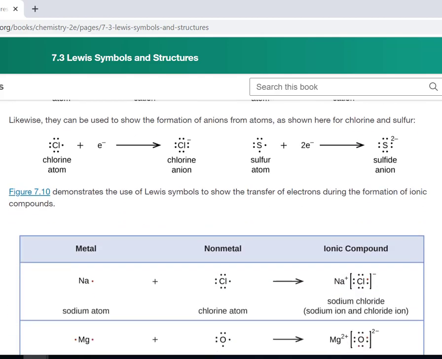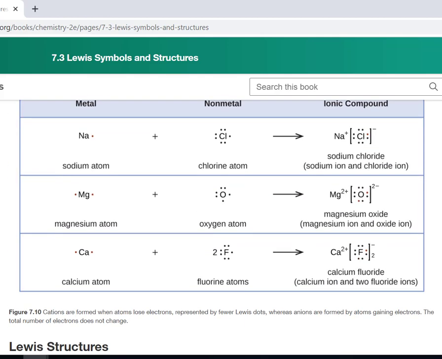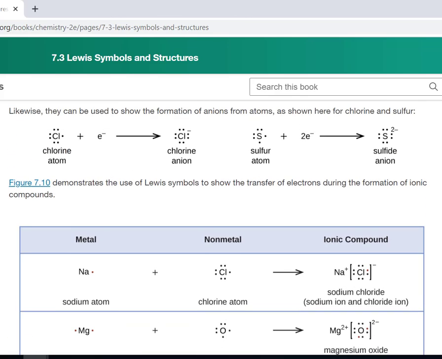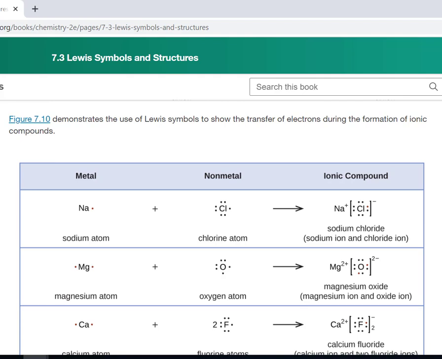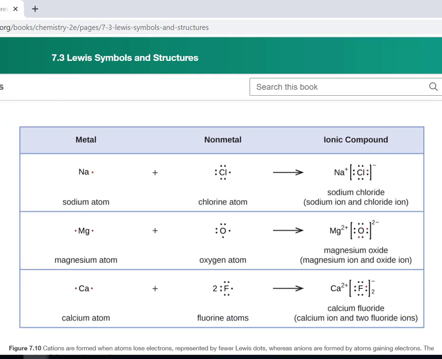So here we are showing some of those examples. What we're doing here is showing the reaction of metals with nonmetals to form ionic compounds, and you could see how you would need to move those electrons around to get what you end up with. So this is another way of showing something similar to what we have already discussed in Module 2.